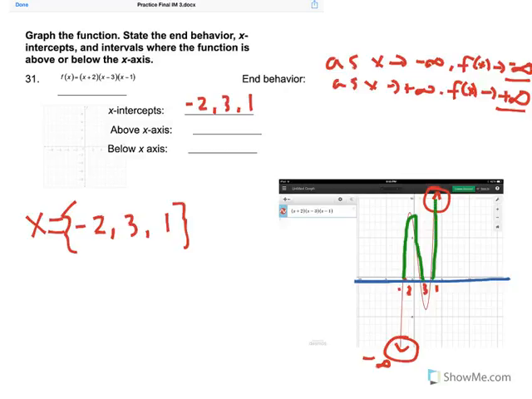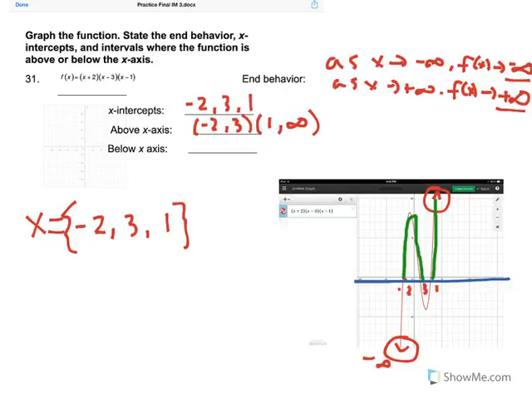Wherever it's green shaded in, that's where it's going to be above the x-axis. The way that we describe it, you can use the brackets. So from -2 to 3, that's one interval. And the next interval is from 1 to infinity.